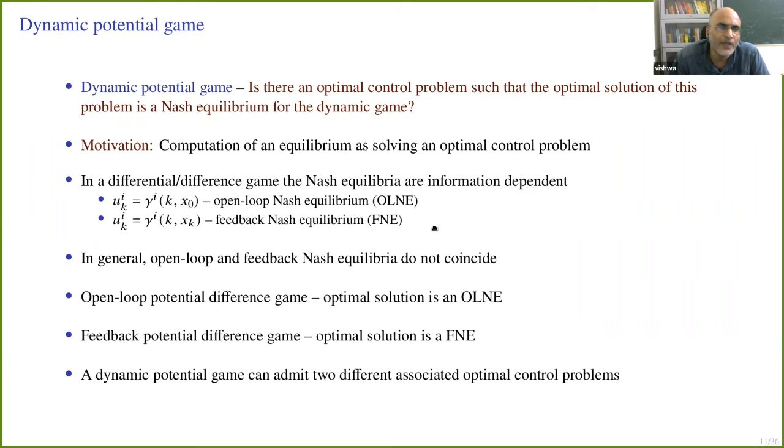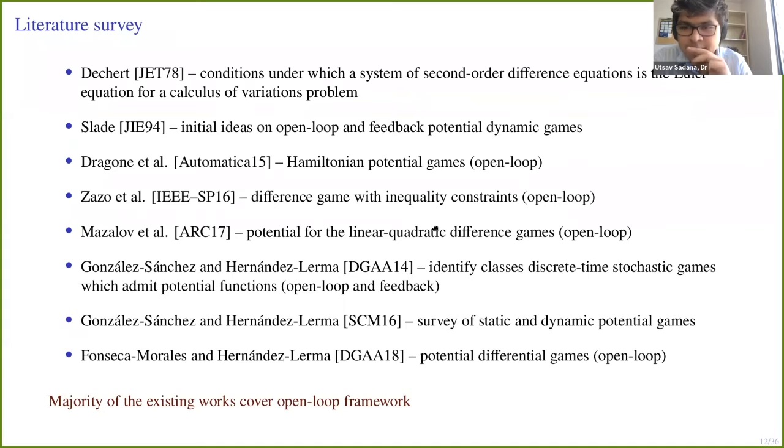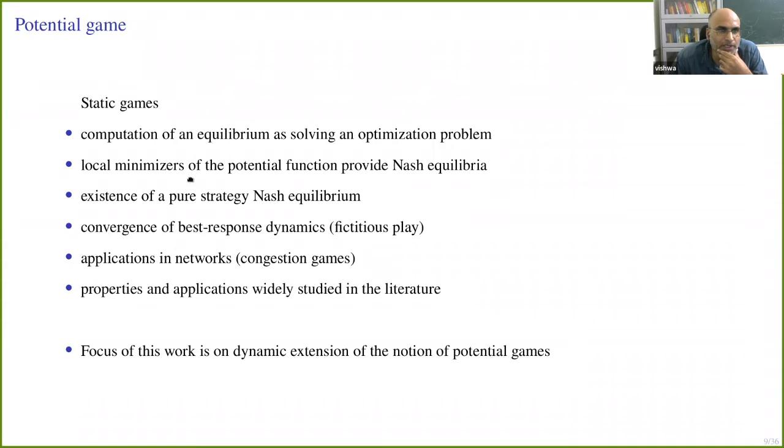Vishwa, I have a question. In a static game, we said that we can find a potential function. So the minima or maxima of this potential function, is it unique? Yes. Because as you can see, the local minimizers of the potential function actually provide the Nash equilibrium.